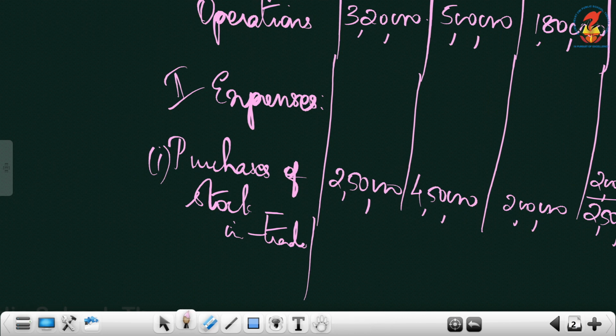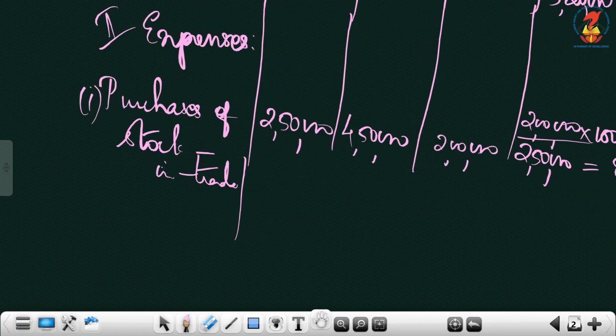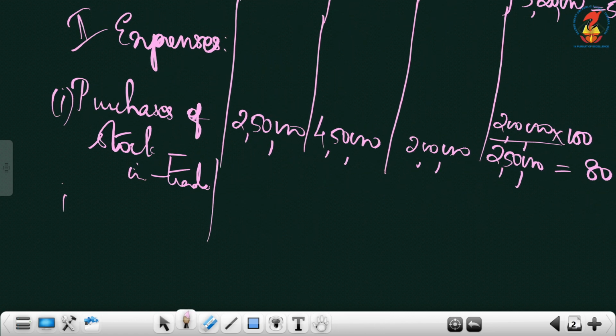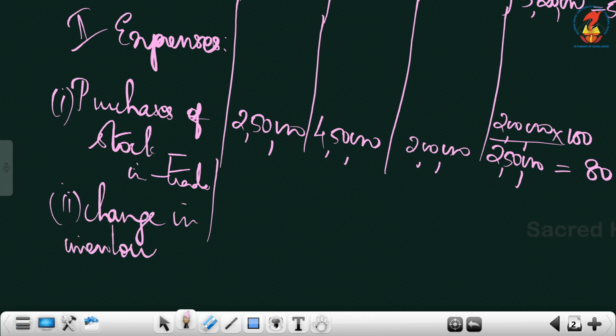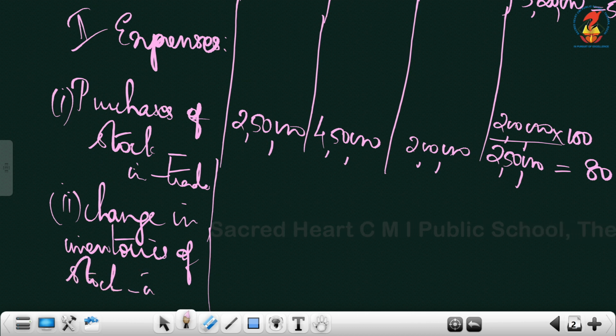Then which is the next expense there? The next expense there is change in inventory. So second subhead you can write change in inventories of stock in trade. Is the value directly given? Yes, 50,000.